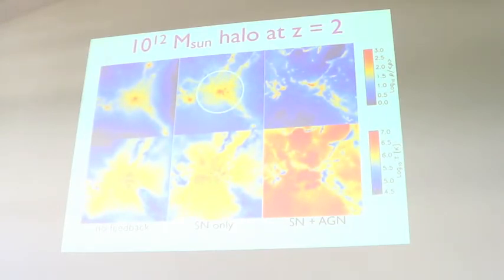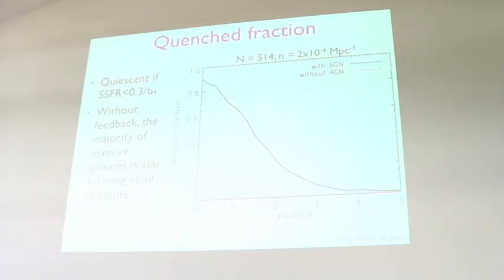They're disturbed, but they don't vanish. They're still there. That's just an aside. That's the virial radius.